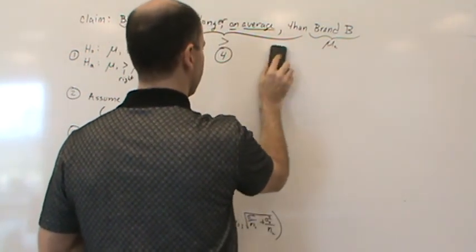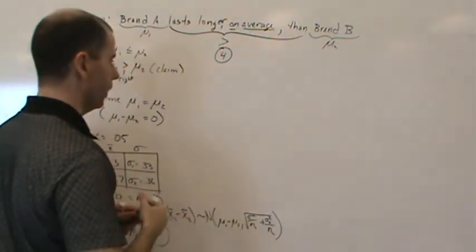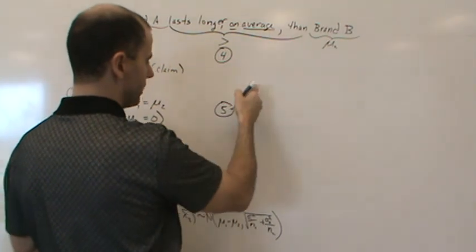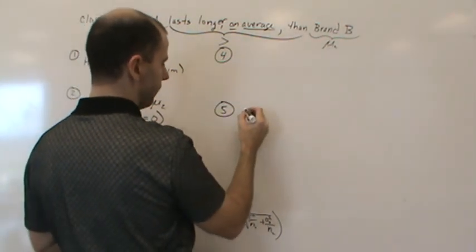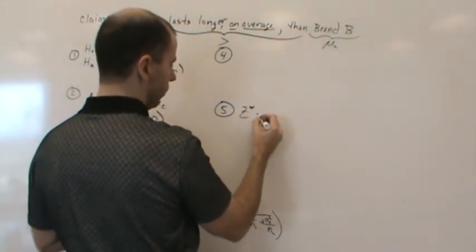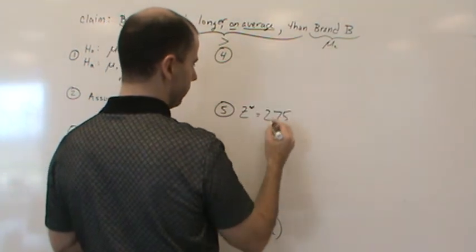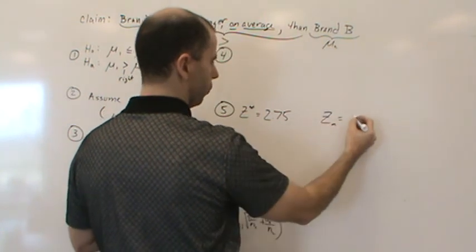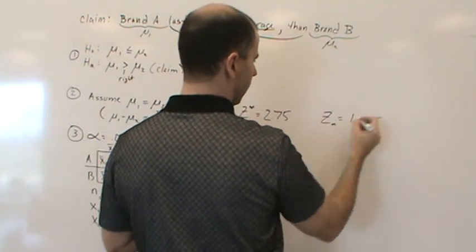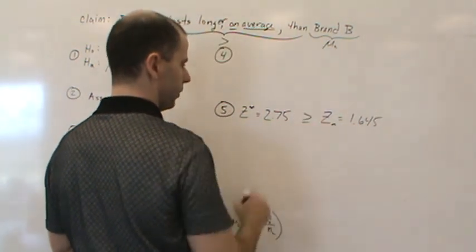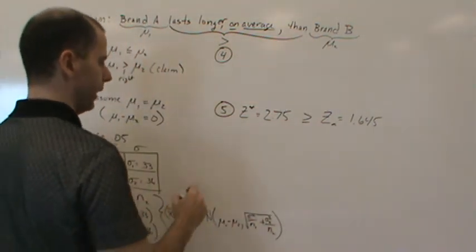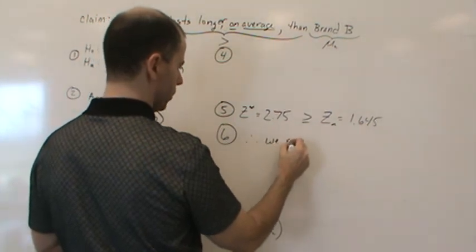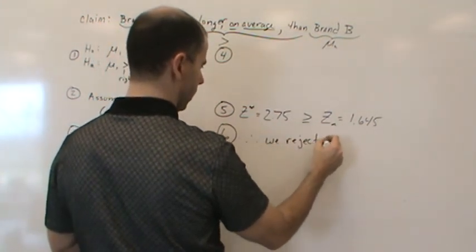Then after that we do step 5, which is based on what we just did. 5 is my z star, which is equal to 2.75, and my z alpha, which is equal to 1.645. Well, this is definitely bigger than or equal to my critical value. So 6 is, again, we reject the null.